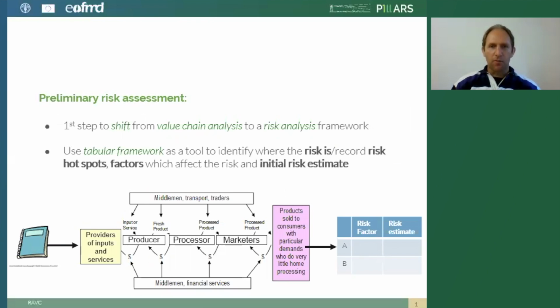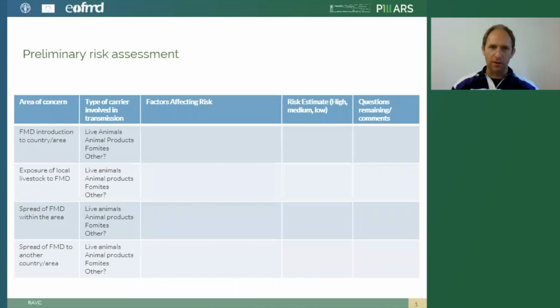So shifting from this value chain analysis, where, similar to this diagram below, we've mapped out the flows of animals or products and who's involved, we then need to try and think about how foot-and-mouth disease can spread within these value chains. And we do this by transferring it into a table, basically, where we screen some of these risks in this preliminary risk assessment.